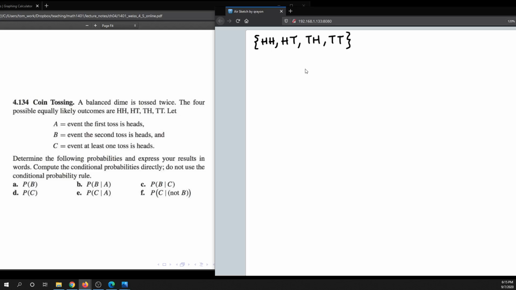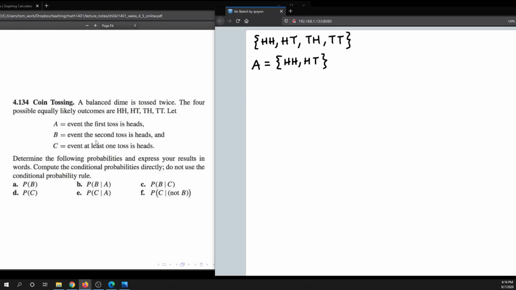All right, so they tell us that A is the event that the first toss is a head. So we can look through our sample space and see we're looking for all of the outcomes where we have an H first. So that would be HH and HT. That's the event A, and we can write that out.